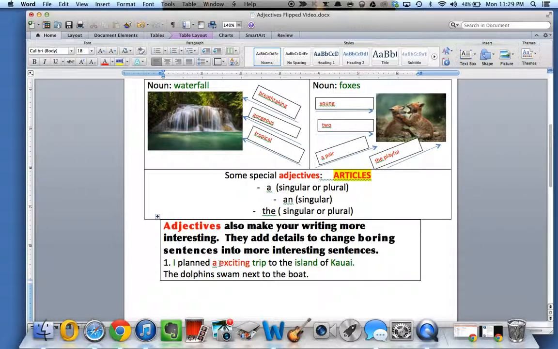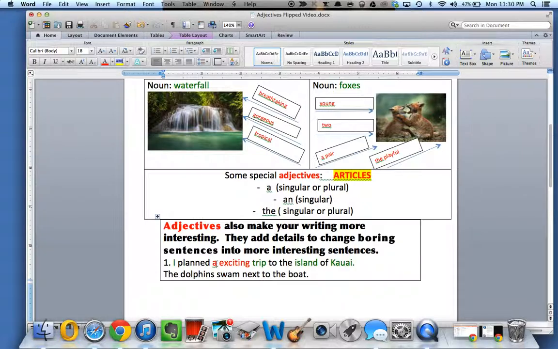And the nice thing about using Google Docs or Word document is that it signals when there is an error of some sort. You can't always trust it, but for the most part, it makes you think about what you're doing. So I planned an exciting trip. That doesn't sound right, and remember the rule that I just stated before, that when you have two words that are going to be touching and are connecting to each other in this sentence, vowels need to be separated by a consonant.